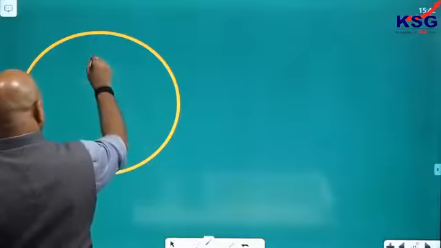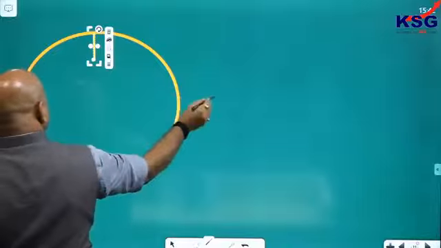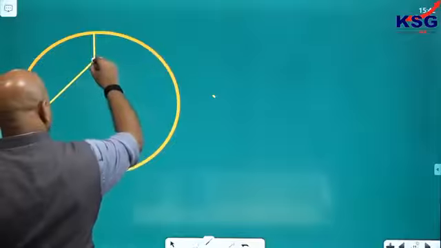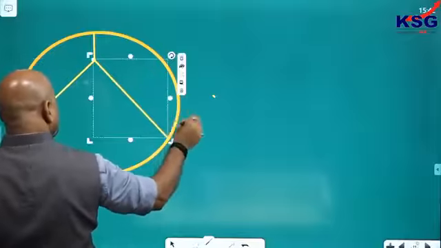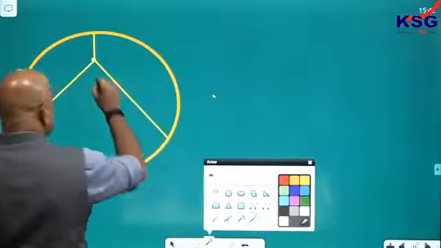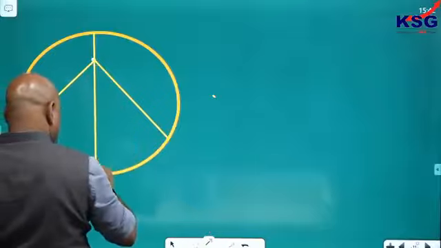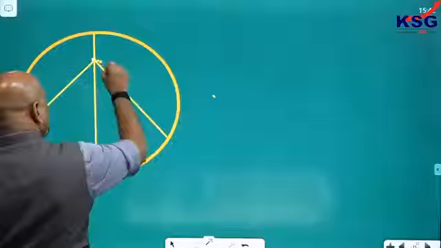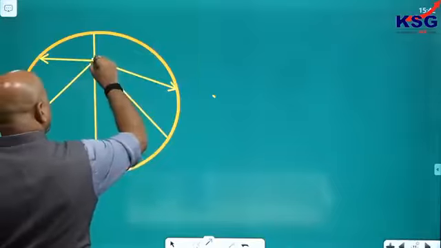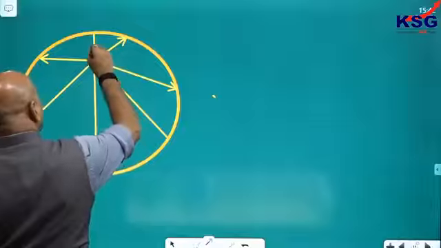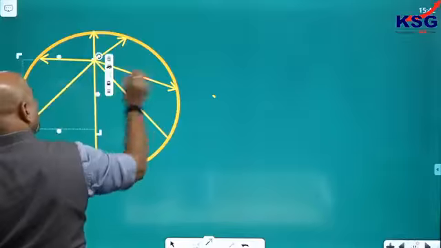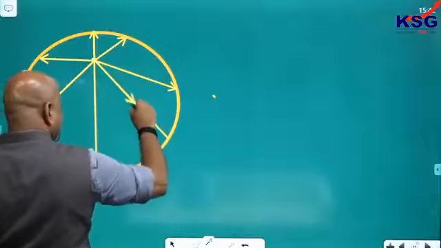In a homogeneous earth, if this is the place of earthquake here, the wave will travel in all direction like this.